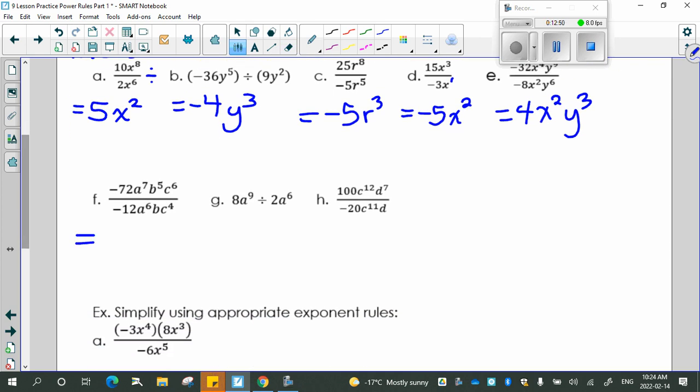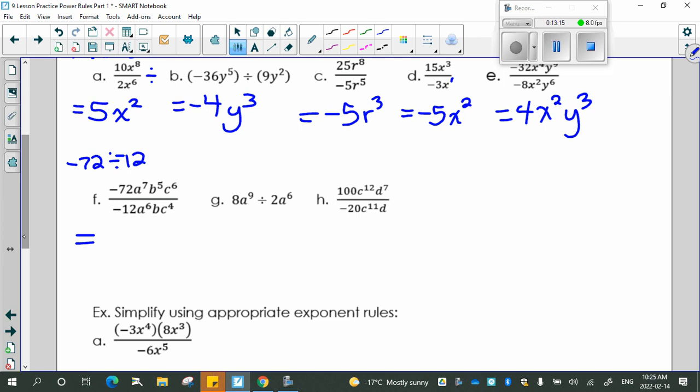Okay, what did you get for F? Brayden? Negative 72 divided by 12. Did you say, sorry, negative 12? What'd you get? Negative 72 divided by negative 12. It's negative 6.